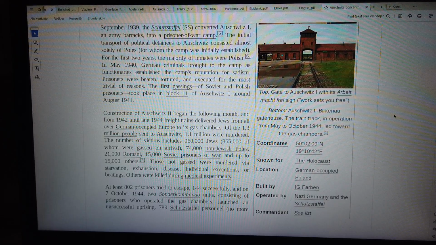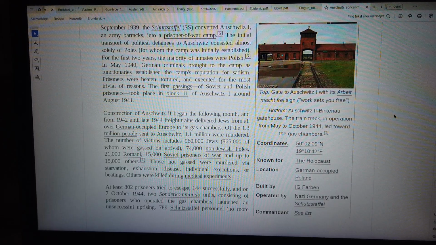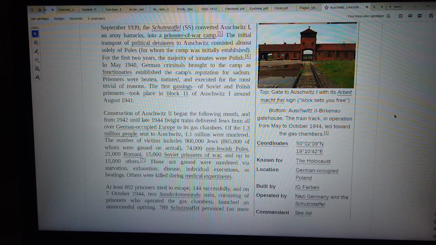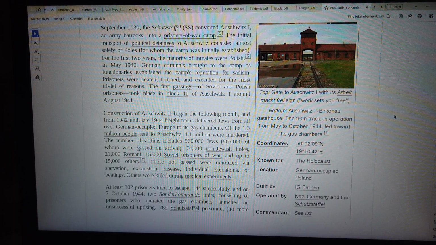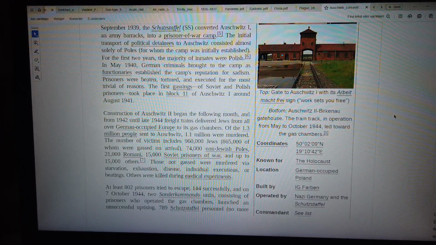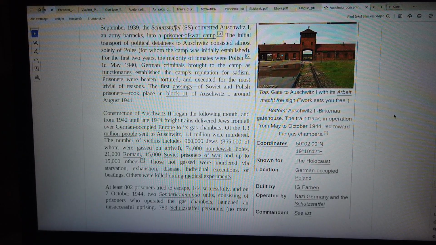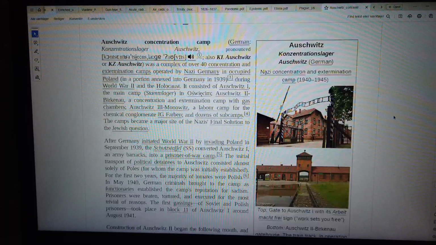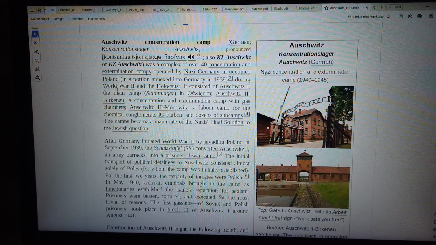Auschwitz concentration camp, also KL Auschwitz or KZ Auschwitz, was a complex of over 40 concentration and extermination camps operated by Nazi Germany in occupied Poland, in a portion annexed into Germany in 1939, during World War II and the Holocaust.